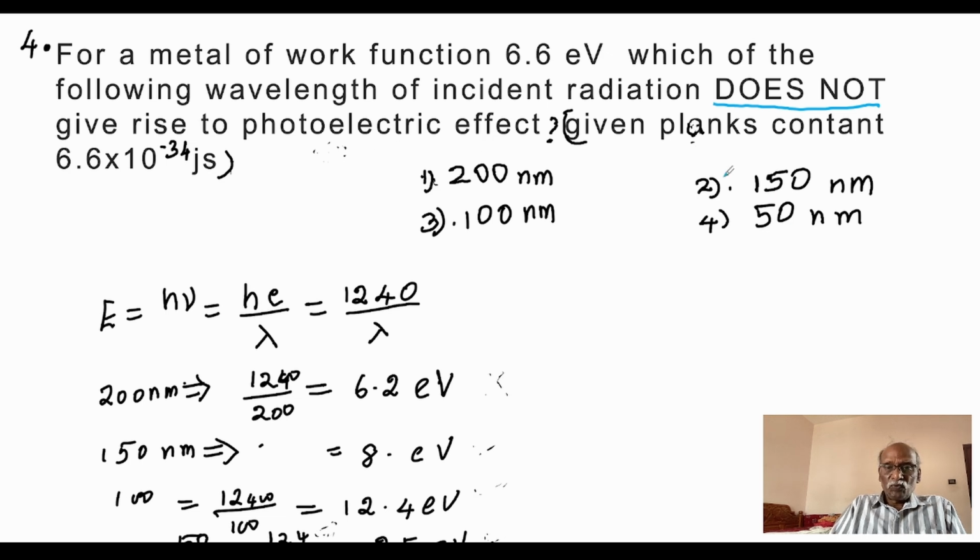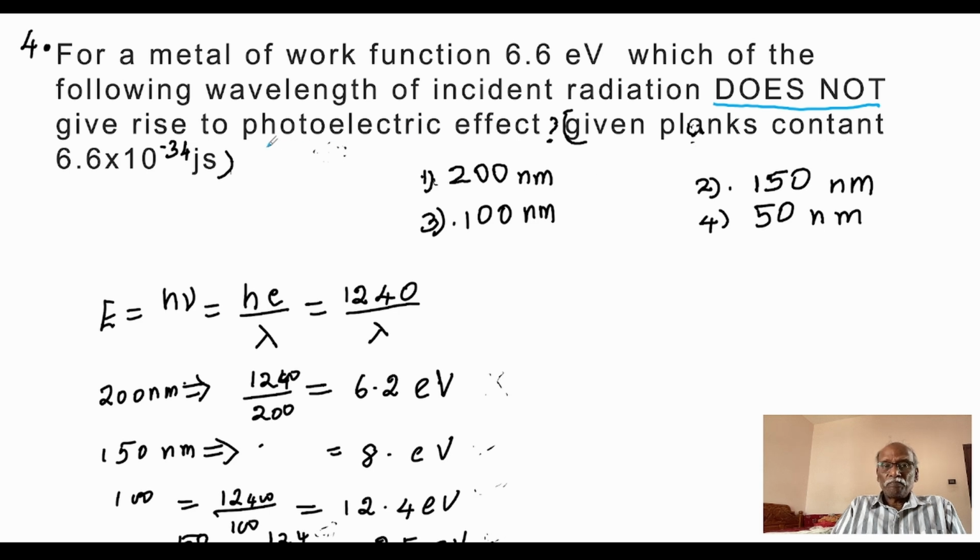Here you are given 4 incident radiations whose wavelengths are given. The first one is 200 nanometer, the second 150 nanometer, the third 100 nanometer, the fourth 50 nanometer. Which among the 4 does not give rise to photoelectric effect? It means the energy provided by one of the 4 is not enough.